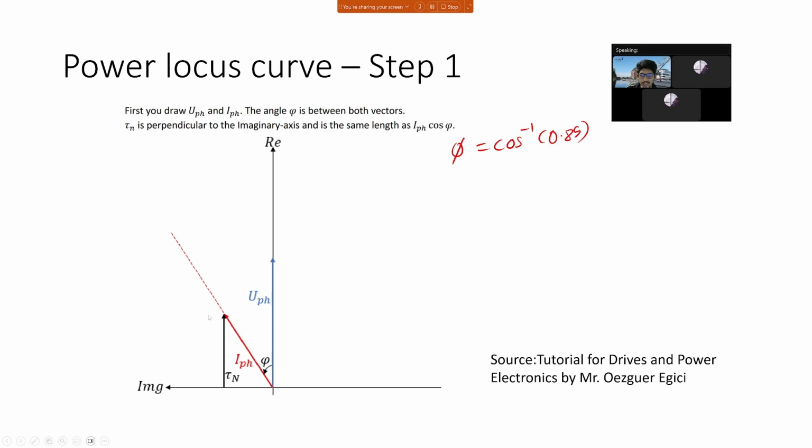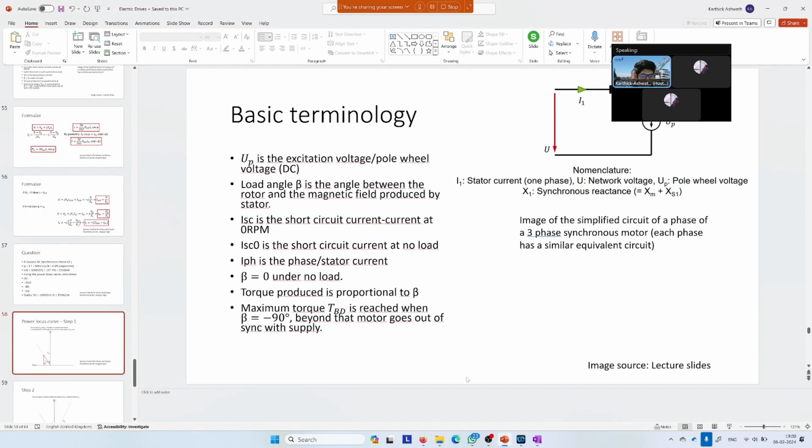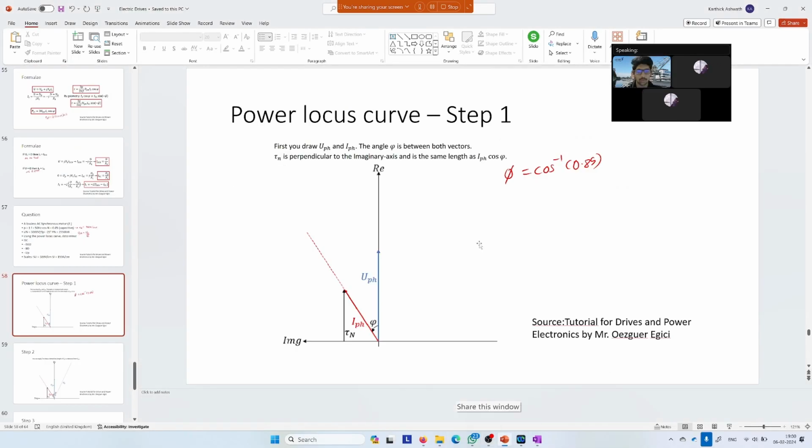So this phase current is at nominal operation. We can calculate that. How can you calculate phase current? What do you think? By power?